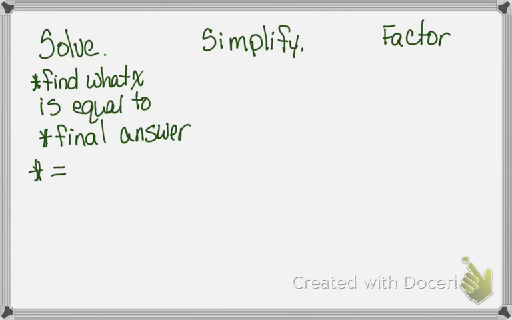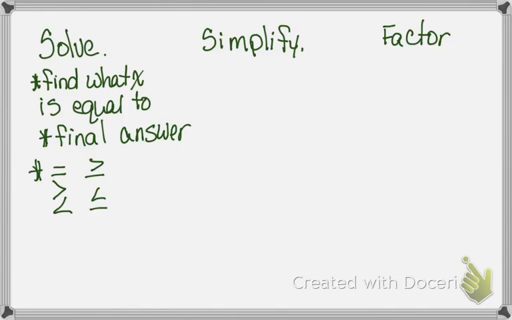Now, you may also have a greater than, less than. So all of those take place when we're solving. And this is the big thing right here. When we're solving, we are trying to find out what x is equal to. And we are going to have an equal sign, a greater than, a less than sign, a greater than or equal to sign, or a less than or equal to sign. We are going to have one of those when we are solving.